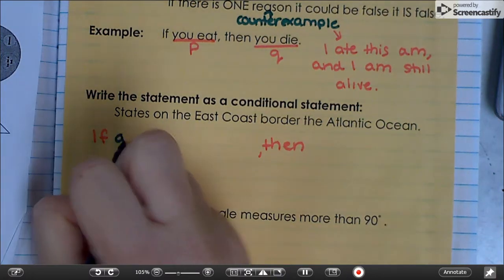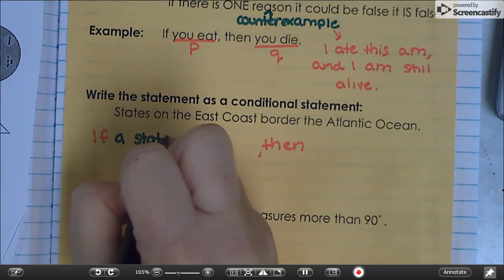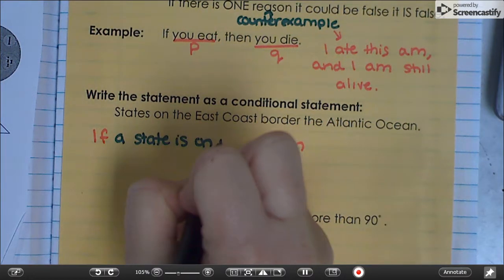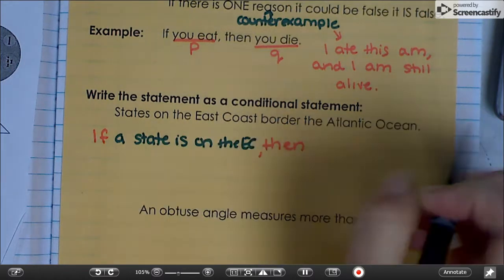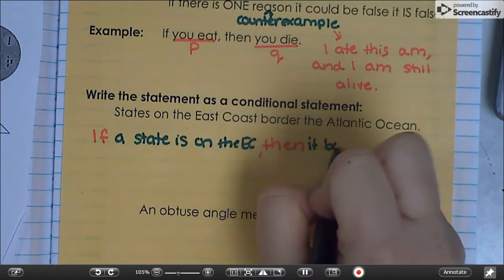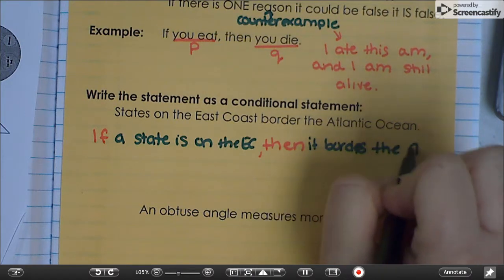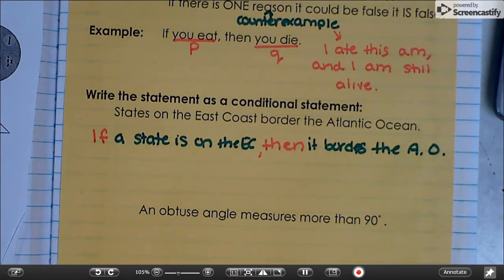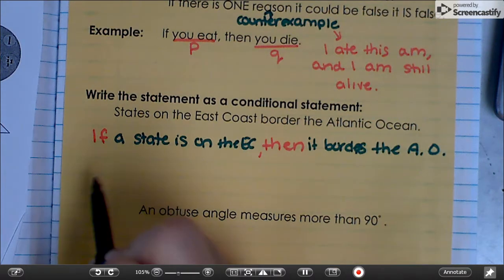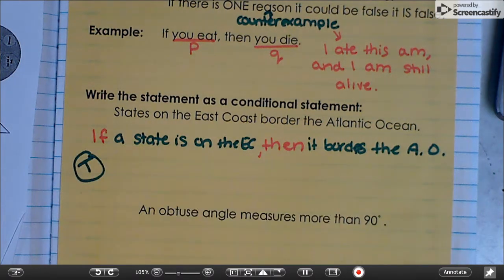So if a state is on the East Coast, then it borders the Atlantic Ocean. Now we can decide if that's true or false. Well, by definition, the East Coast does border the Atlantic Ocean, so this would be a true statement.